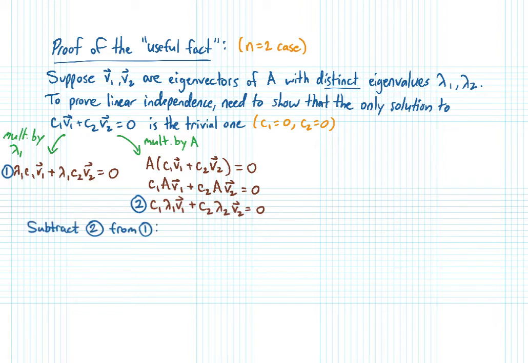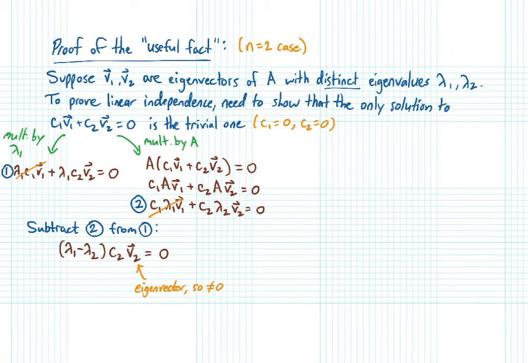And let's subtract equation 2 from equation 1. And you'll notice that when you do that, the first term will cancel. The lambda 1 c1 v1 is in both of those, and they cancel. And then the other terms, they both have c2 v2, but one equation has a lambda 1, and the other equation has a lambda 2. And so when you subtract the equations, what you get is lambda 1 minus lambda 2 times c2 v2 equals 0.